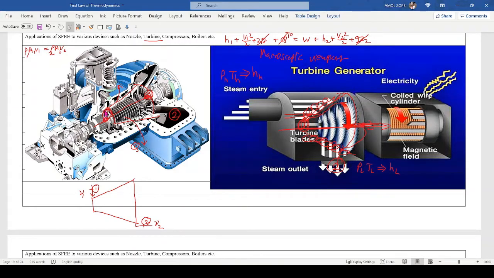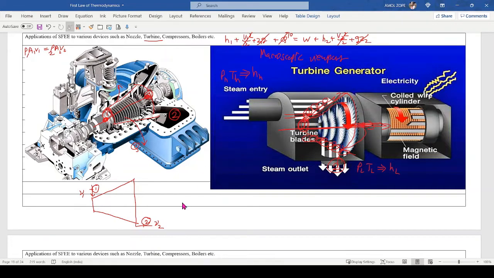At the entry, the velocity would be very high, and at the exit, the velocity will be very low. But again, whatever their squares, those will be much more comparable to each other. So again, I am cancelling out the velocity term. It does not mean that I am saying velocity is zero. No, velocity will never be zero. But compared with the other quantities, this difference of kinetic energy can be neglected.